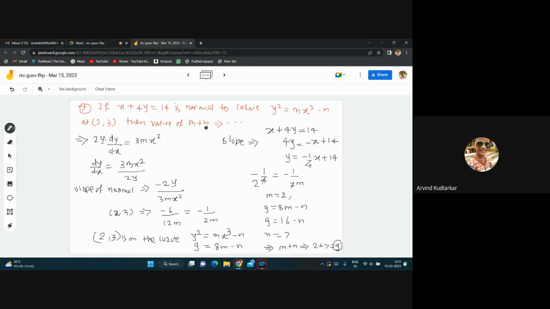In this case, they are not asking to find the equation of normal or the slope of tangent.